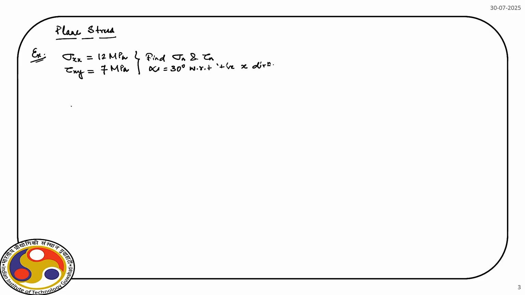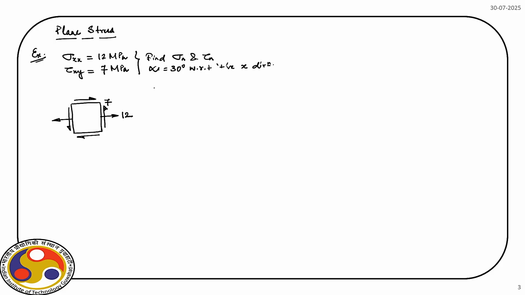So, if I draw the stress block, we have sigma xx, that is 12. There is no sigma y, we only have tau xy. So, that is the stress block, and here we have 7.